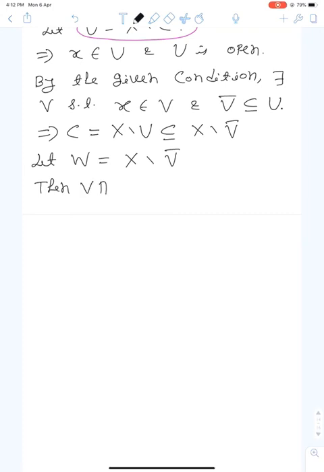Why is this empty? As V is a subset of V closure, that implies V intersection X minus V closure is empty, right?